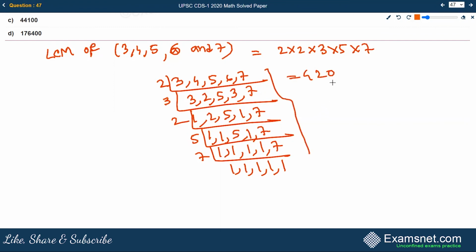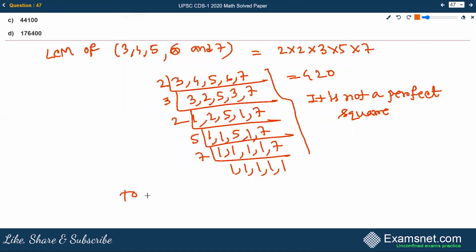So here 420 is not a perfect square. To make it a perfect square, what we need to do, we have a pair of 2, but we don't have a pair of 3, 5, 7. So we make a pair of 3, a pair of 5, and a pair of 7.